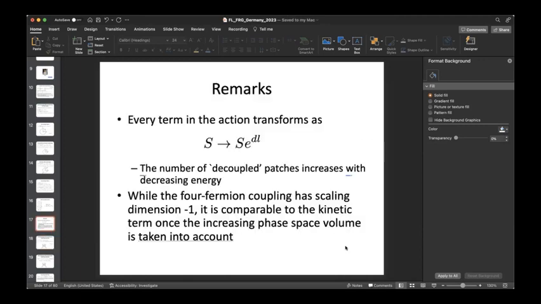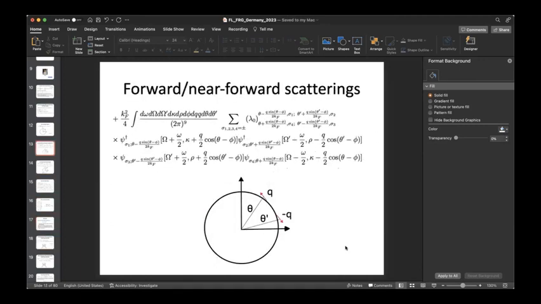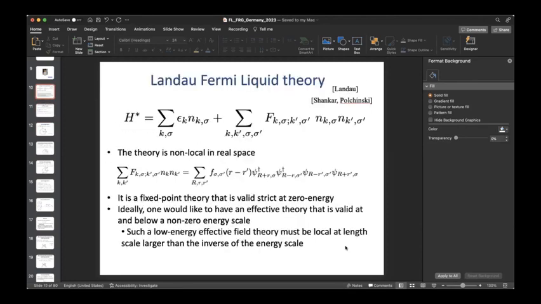Yeah, for single particle excitation, for example, the lifetime of a quasi-particle, of course, the scattering rate is subleading compared to the energy.